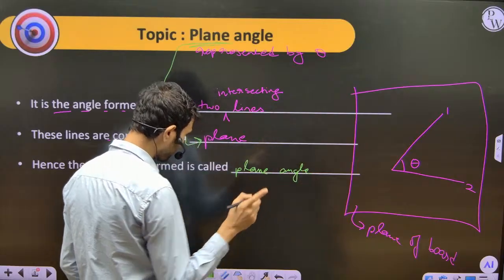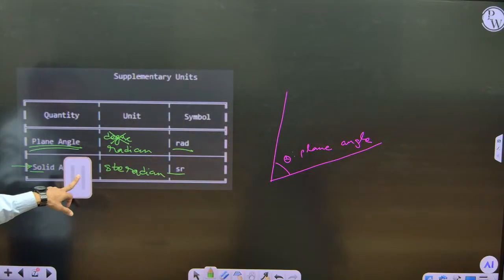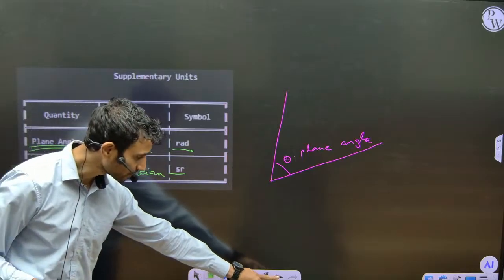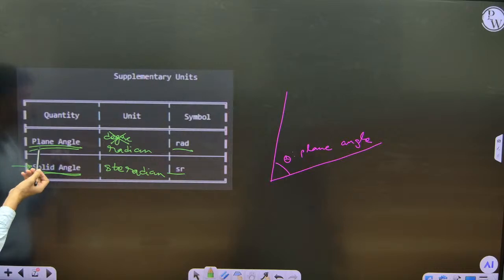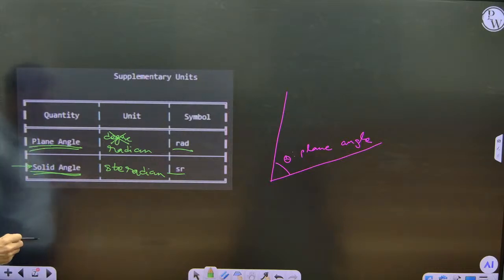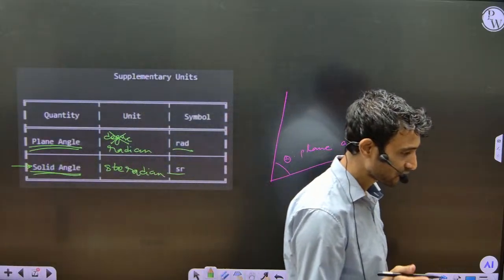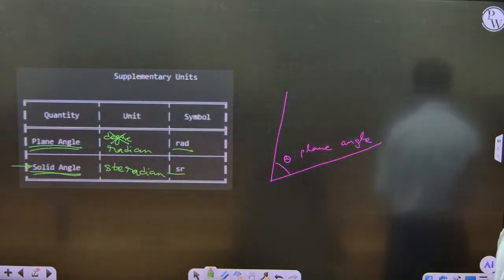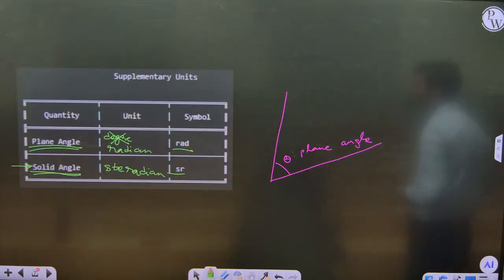And now you must have guessed it, if you remember I told you about solid angle, right? Now solid angle, in stark contrast to plane angle, cannot be contained in a plane. And that is why it is called solid angle, because you can't put it in a two-dimensional plane. It actually goes in three dimensions. And how does it manifest exactly?